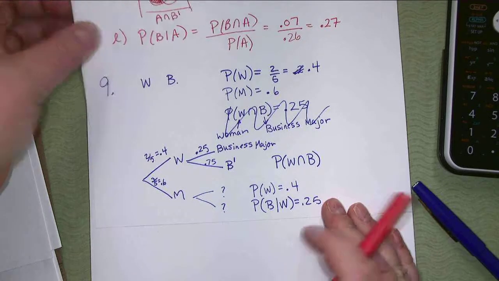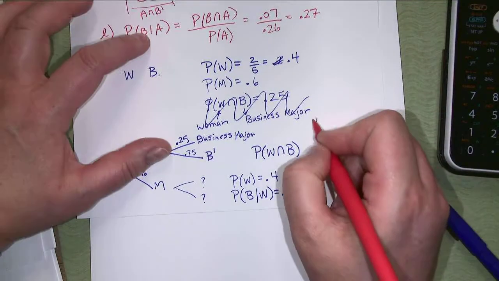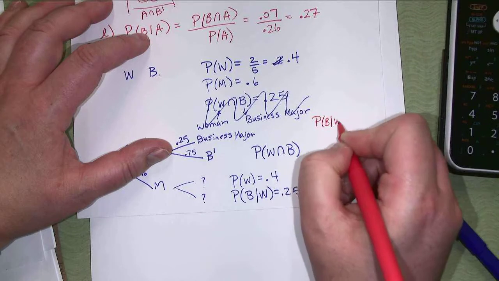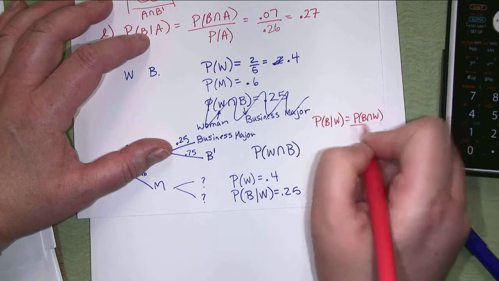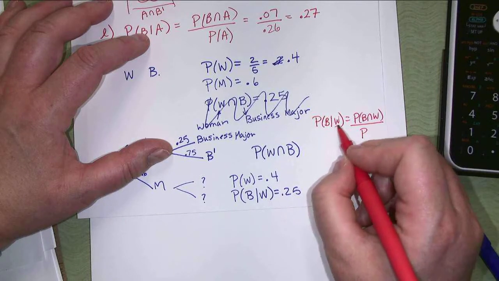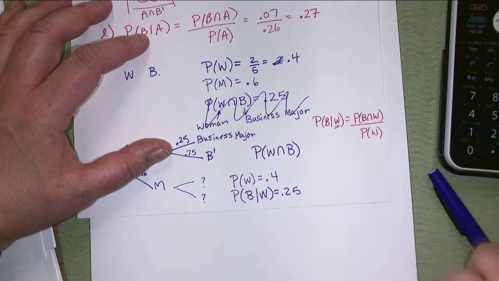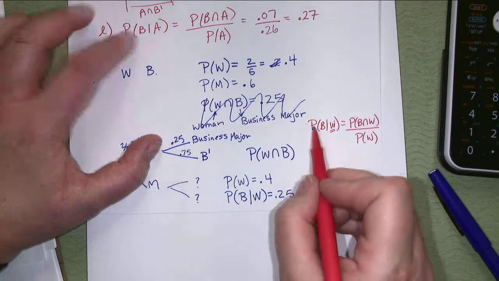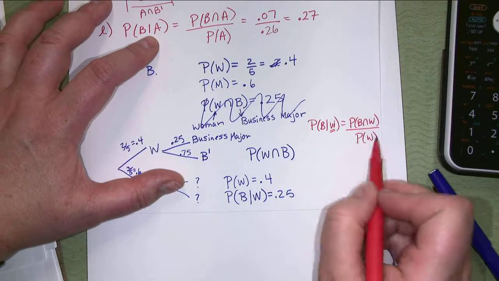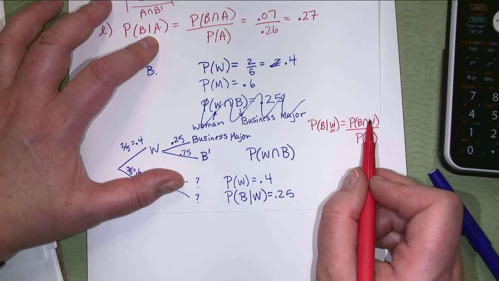So the formula for conditional probability is the intersection over this one. Right? And we're given this and that, and we're asked to find the intersection.